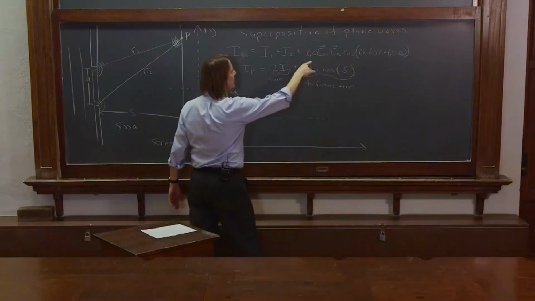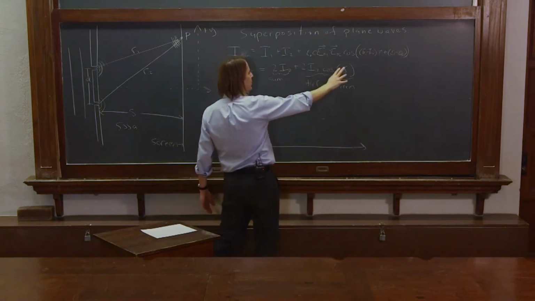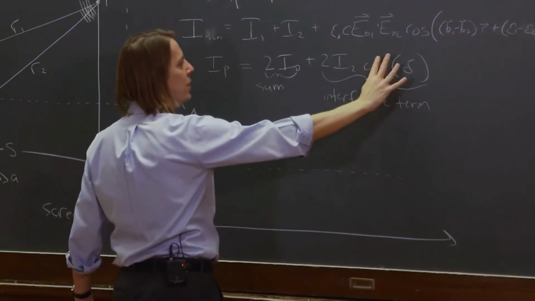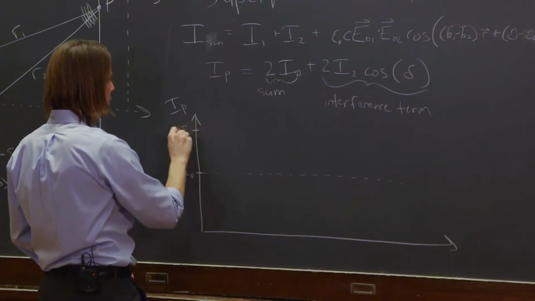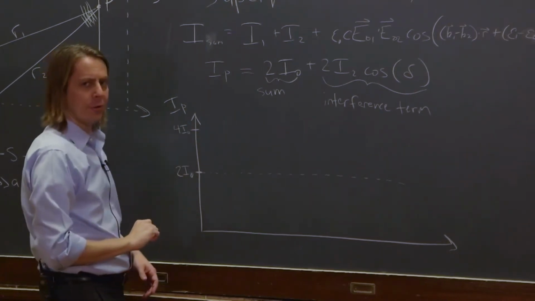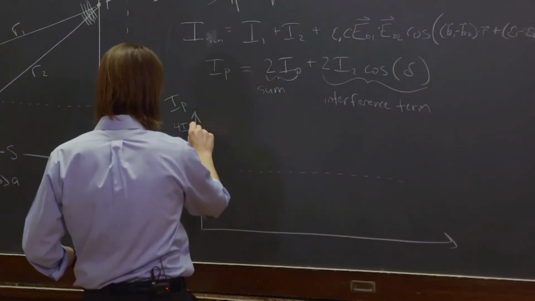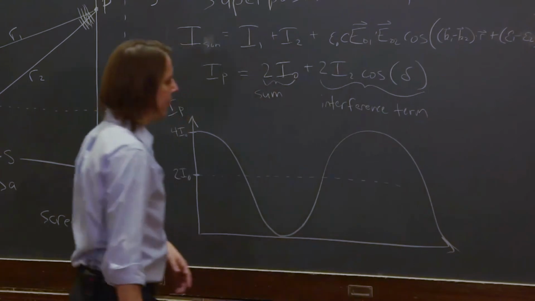But that's what this predicts only on average. At delta equals 0, we'll talk about what delta means in a minute, you actually get 4 I naught, twice as much. That would seem to not conserve energy, or something bad might happen there. But if you plot it, you see it's a cosine function, so it goes down like this and goes like that.